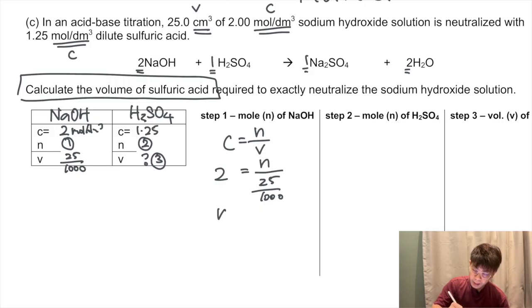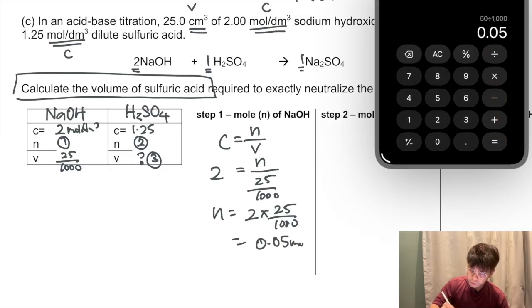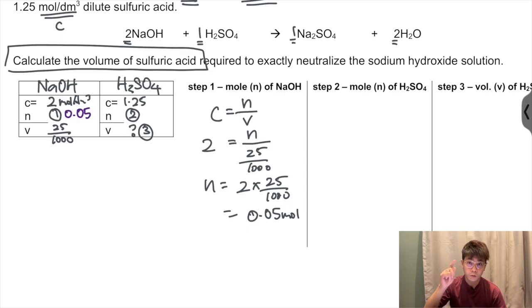Therefore, N is equal to 2 times 25 over 1000. Using the calculator, 2 times 25 divided by 1000 is 0.05 mole. So I know the number of moles of sodium hydroxide now is 0.05 mole.